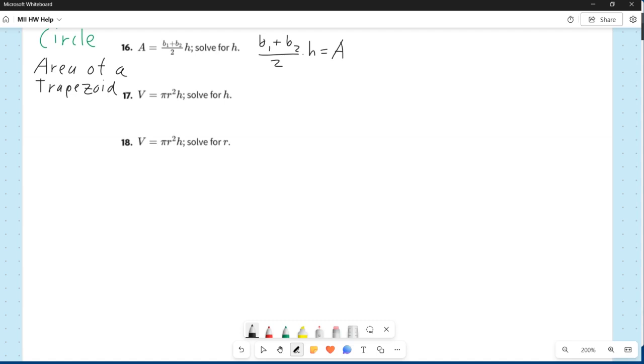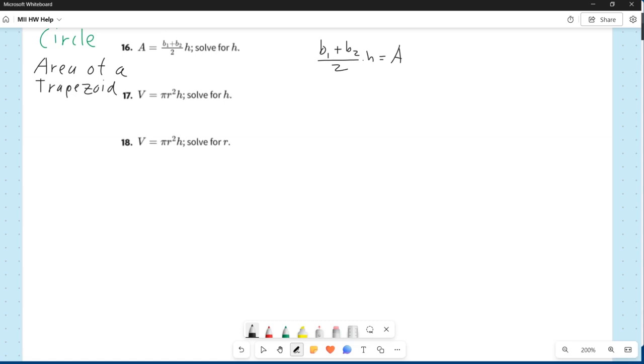Actually, let me rewrite that. I'm going to move it a little bit to the right here. I want to give myself some space. So we end up getting, again, (B1 plus B2) over 2 times H equals A. All right. I want to get H by itself.